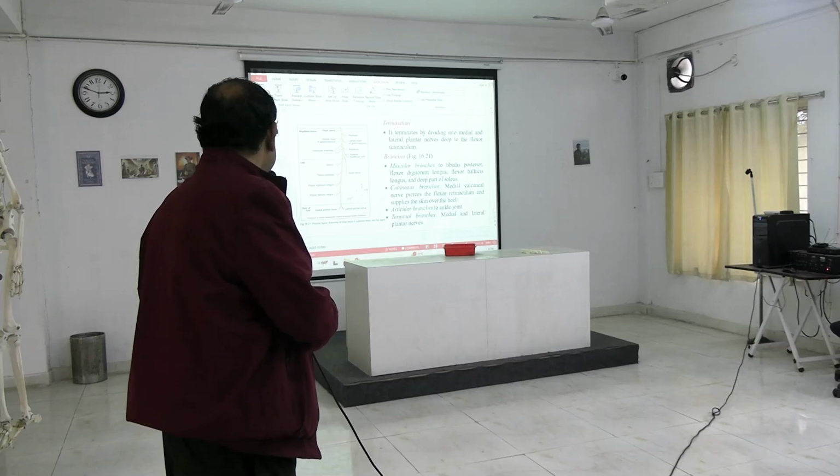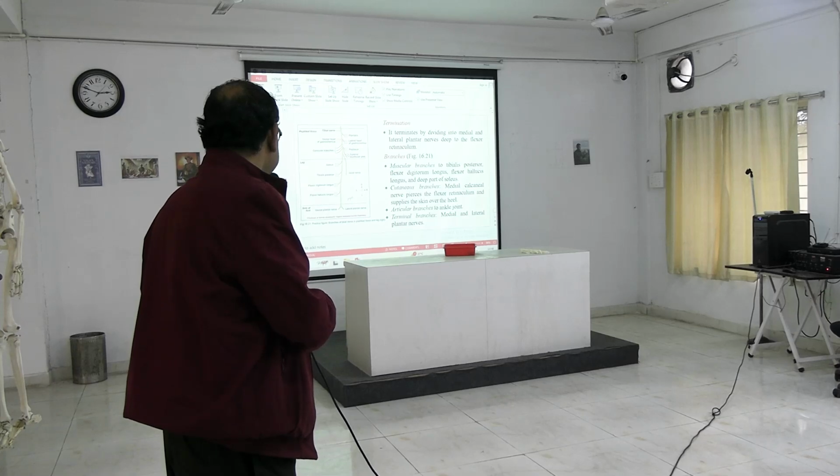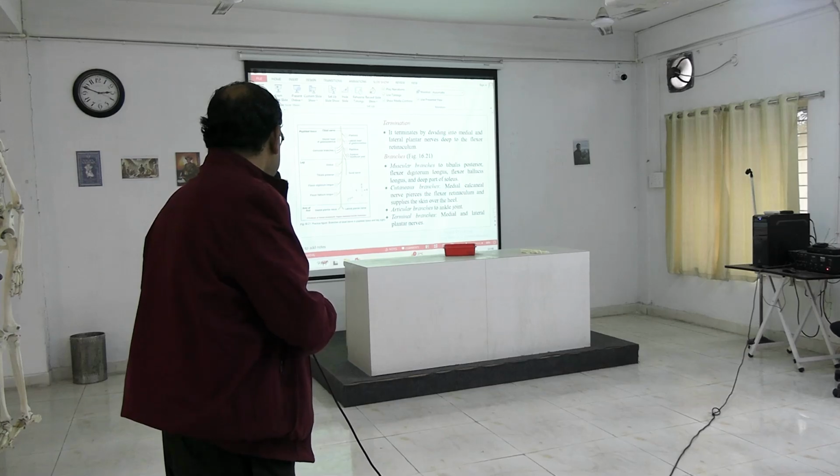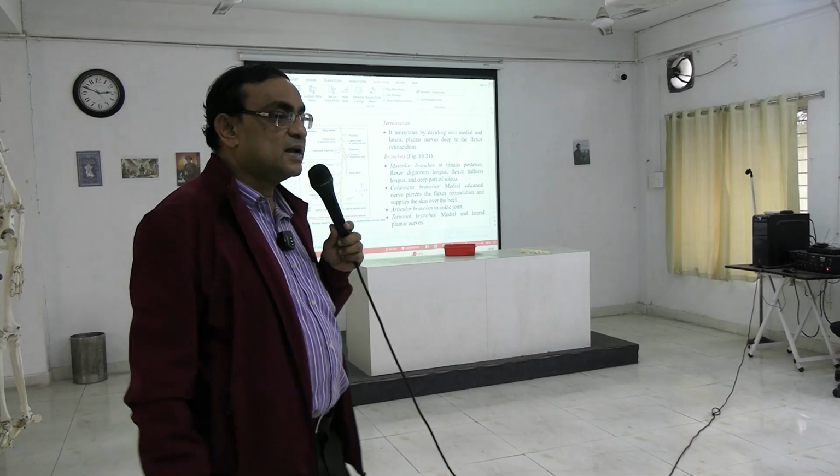You can see the tibial nerve in the popliteal fossa. We are getting plantaris, the lateral head of the gastrocnemius, the medial head of the gastrocnemius, genicular branches, and it supplies popliteus. Then in the leg, this is the popliteal fossa, this is the leg, soleus, tibialis posterior, and ultimately it divides into medial and lateral plantar nerves and enters the sole.